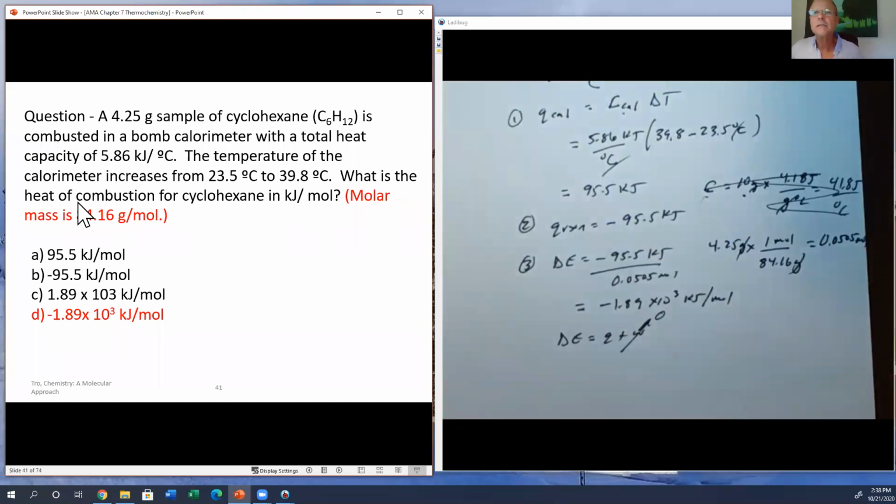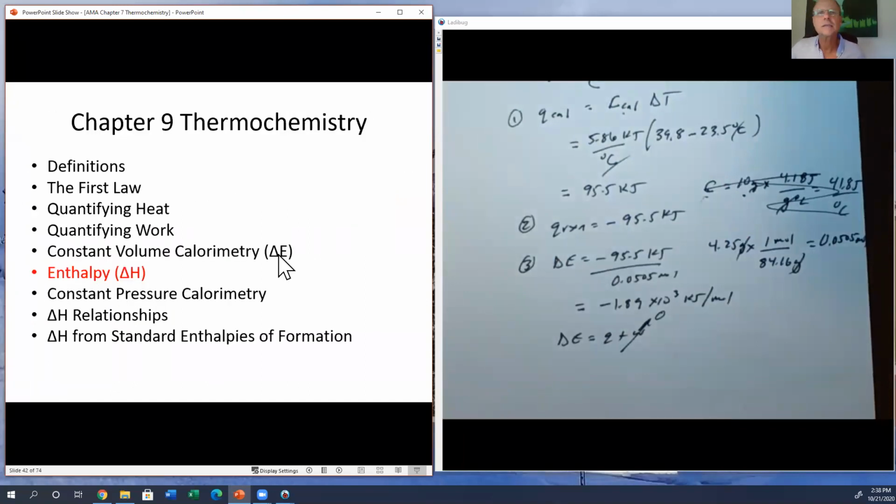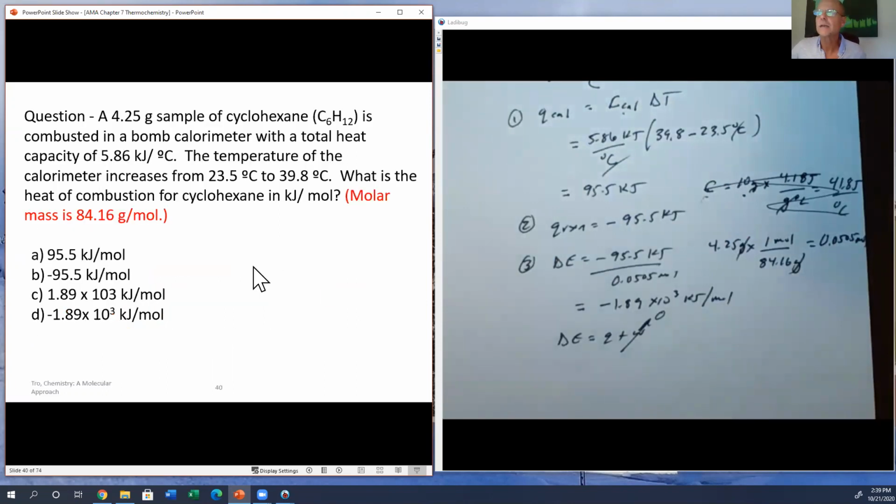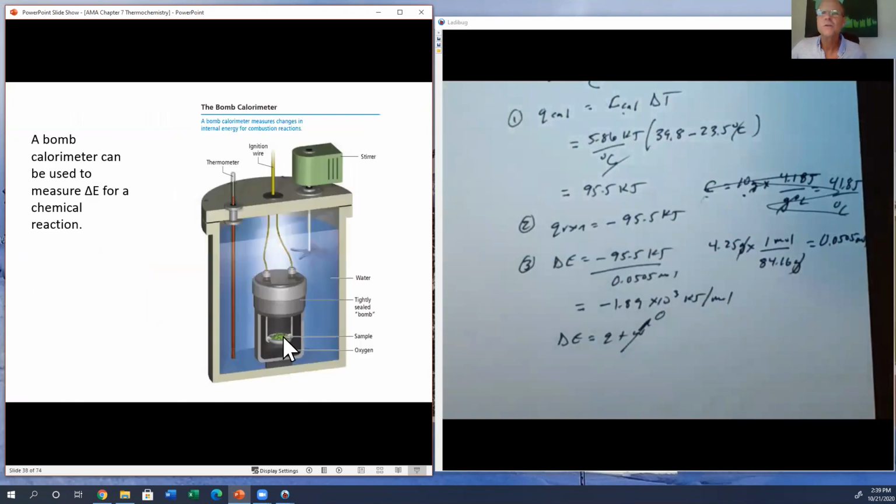Now, a lot of times in the lab, you're not interested in delta E, because delta E is a term that tells you both the heat and the work. Also, a lot of times in the lab, you don't carry out reactions in a container with a constant volume. When you carry out a reaction in the lab, or when you burn methane on your stove, you're not holding the volume constant.